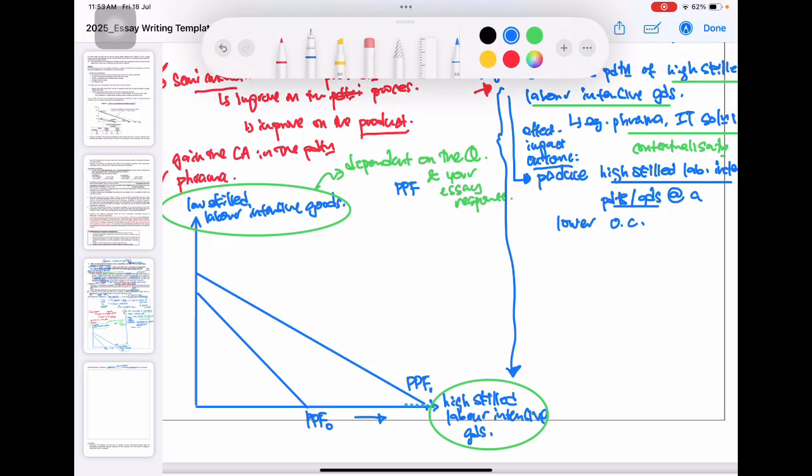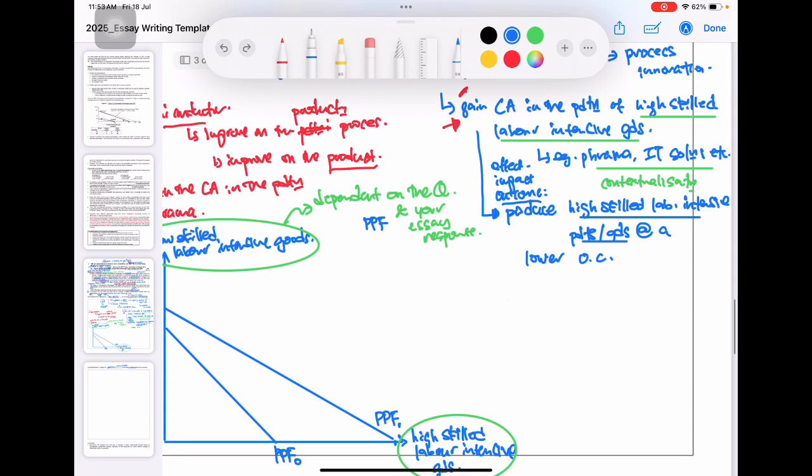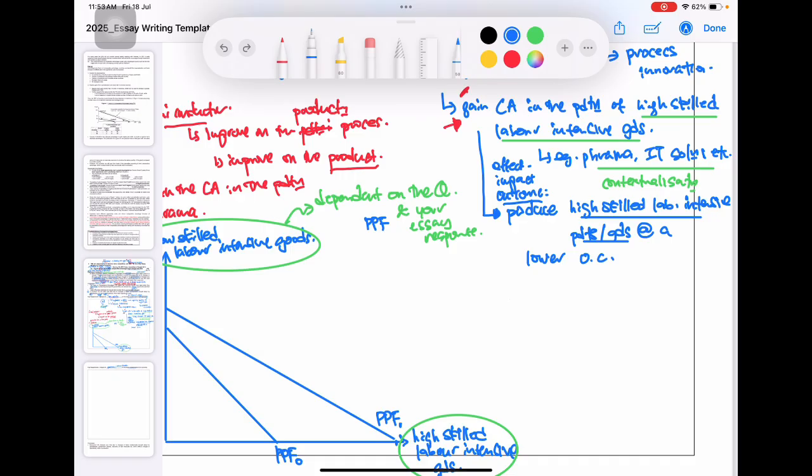Okay, so I am going to do something different, an extension, because this diagram is very good to highlight this point. Let me use it to highlight that being able to produce high-skilled intensive products is at a lower opportunity cost, meaning sacrificing less of other goods to produce.